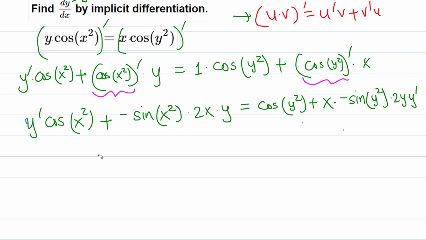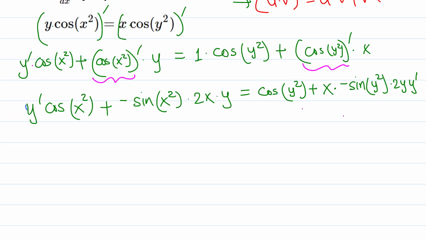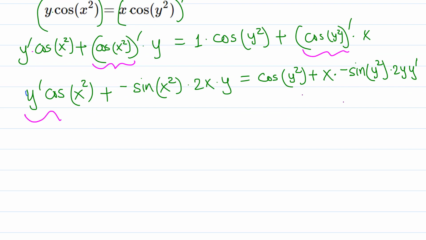All we do next is isolate y prime, because we were asked to find dy over dx, which is y prime. If you look closely, y prime is here, y prime times, and where else? And here. So we want to gather these two terms on one side and the others on the other side.